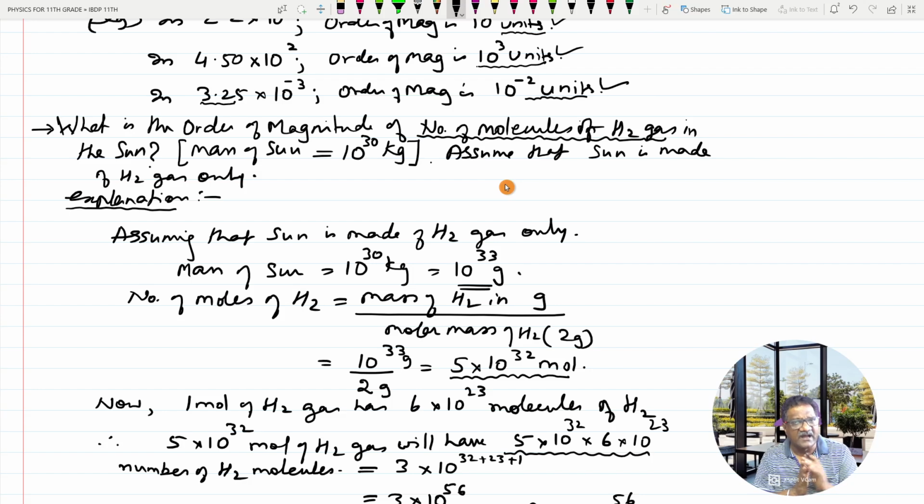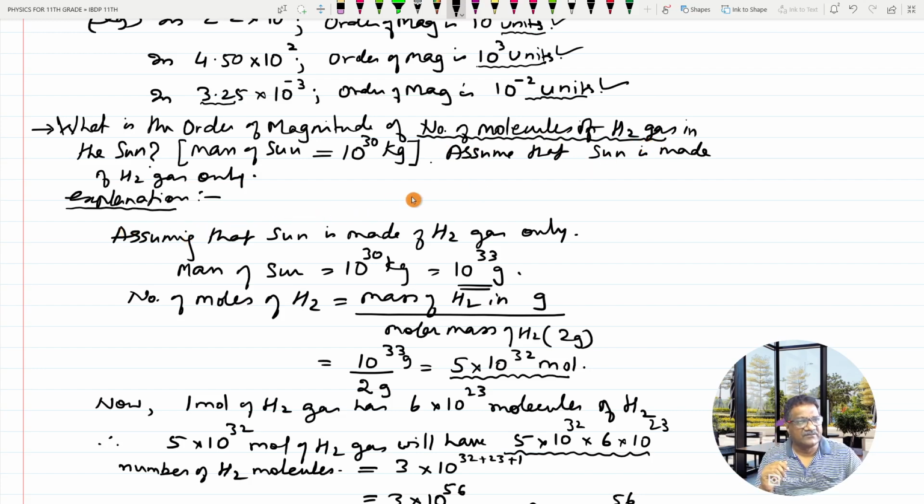Now they have asked you to find out the order of the magnitude of the number of molecules of the hydrogen gas. So we are first supposed to find out the number of molecules of the hydrogen gas, that too in the scientific notation form, isn't it? So let us try to do that. Number of molecules of the hydrogen gas, how will you find out?